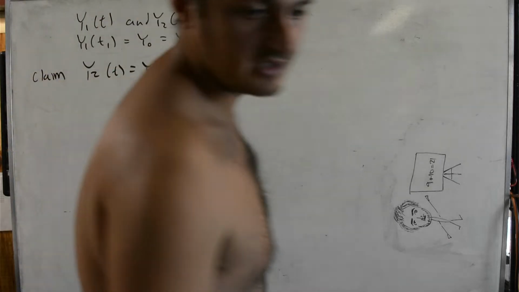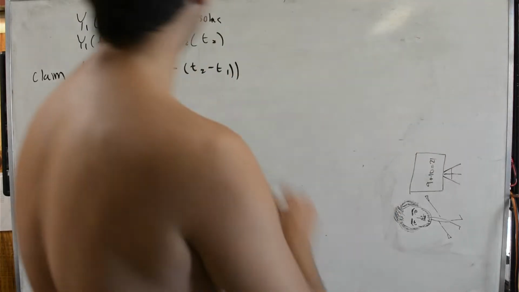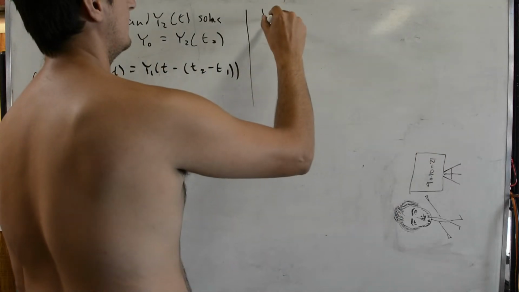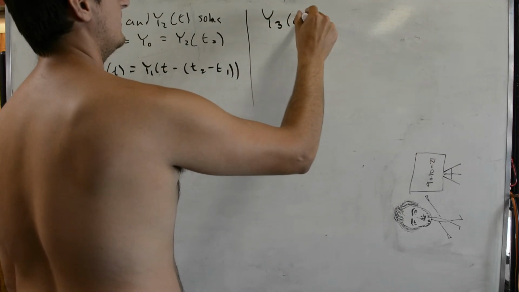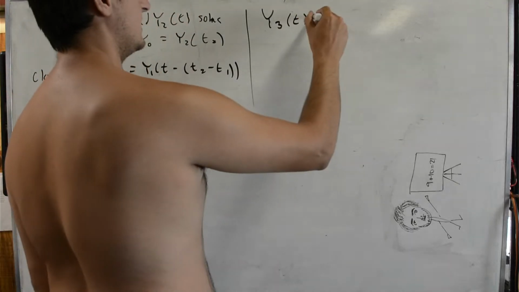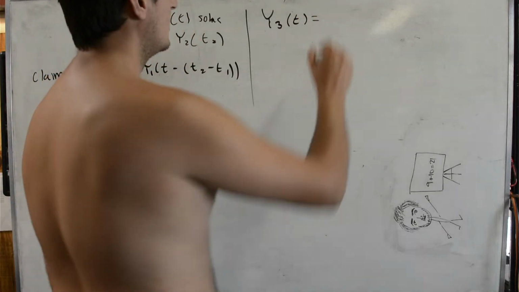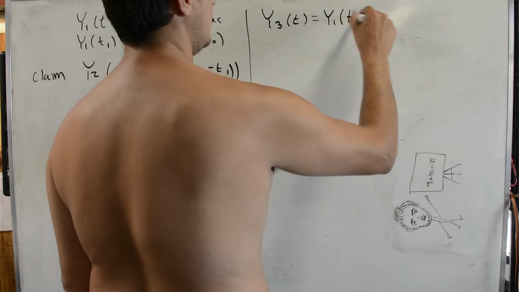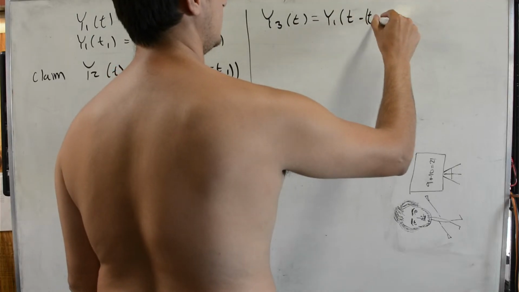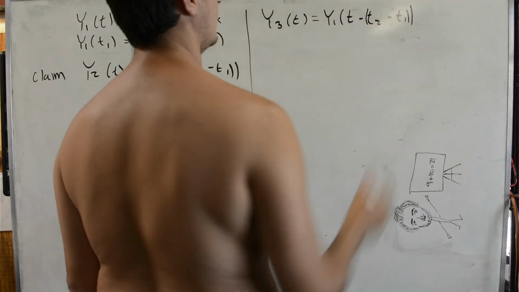So how we're going to prove it is you define some y3 of t equal to y1 of t minus (t2 minus t1). Okay?